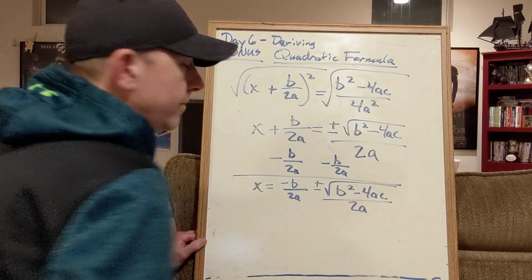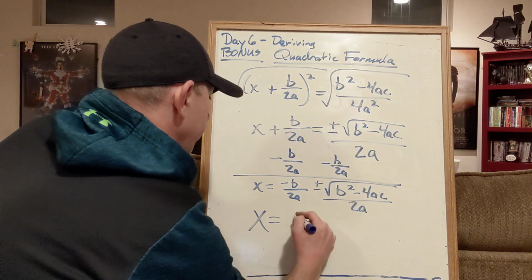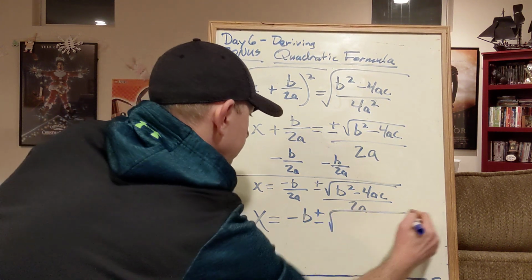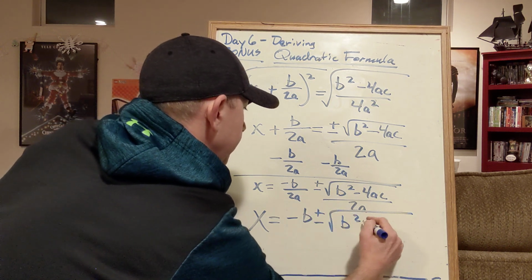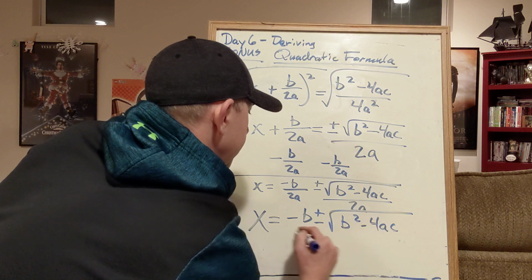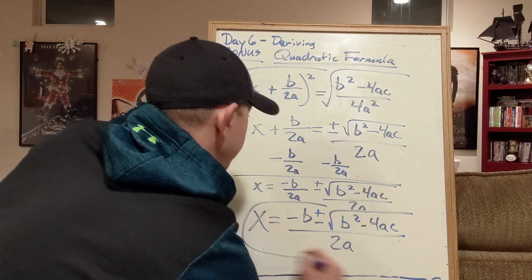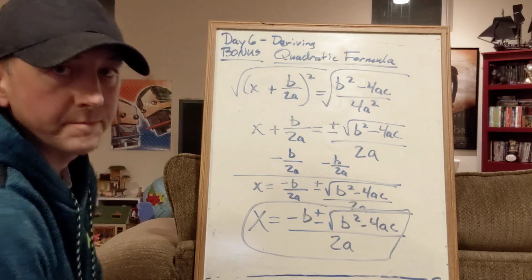So because these are common denominators, we can finally get our quadratic formula: negative b, or opposite of b, plus or minus the square root of b squared minus 4ac, the whole thing over our common denominator 2a, and there you go. That is the quadratic formula.